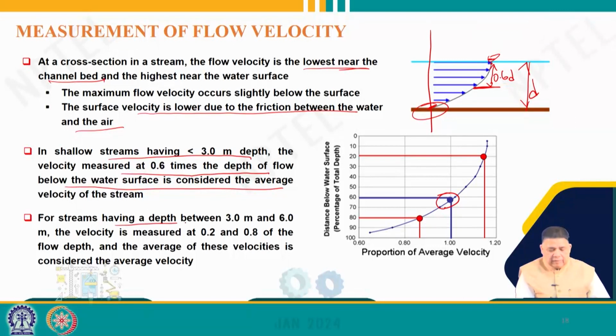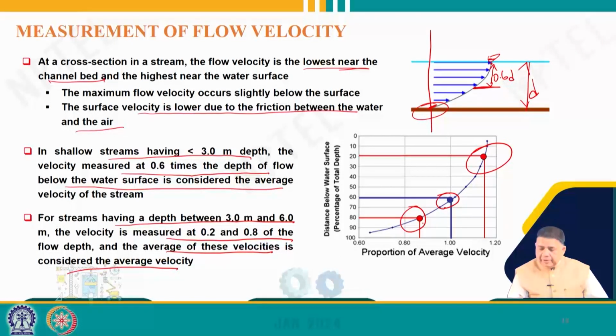And for streams with a deeper depth between 3 to 6 meters, velocity is measured at two locations, at 0.2 d and 0.8 d, and the average of these velocities is considered the average velocity. So, in a deeper stream we make two measurements, one at 0.2 d and one at 0.8 d, and then take the average of these two.